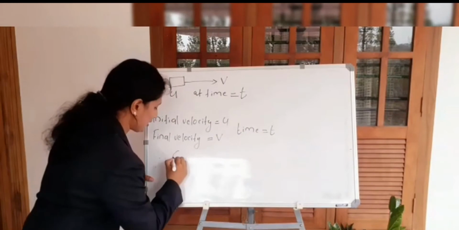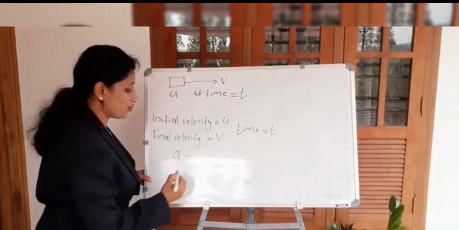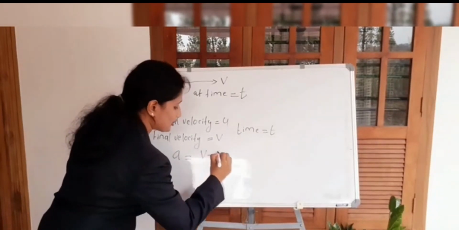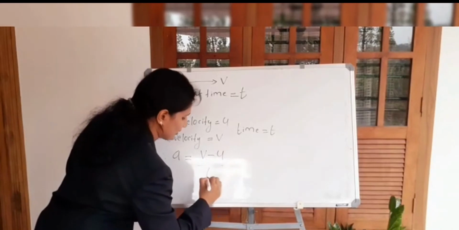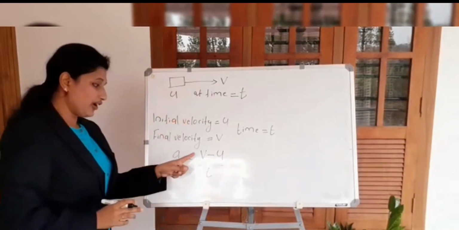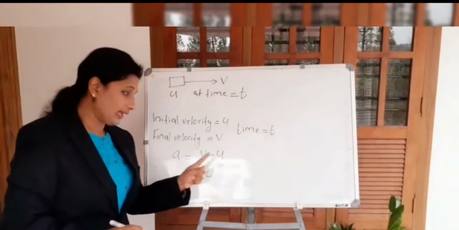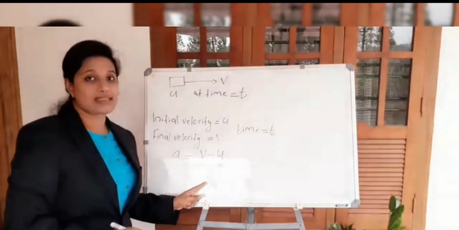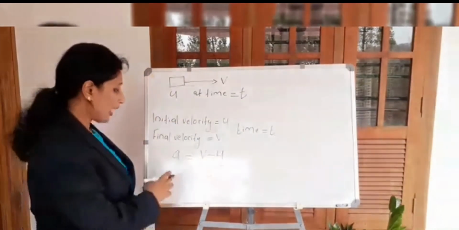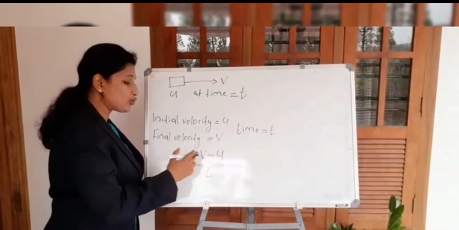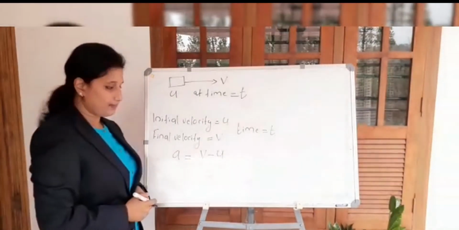Therefore, acceleration a is equal to v minus u divided by t. v means the final velocity, u means the initial velocity, t means the time. So a is equal to v minus u divided by t.